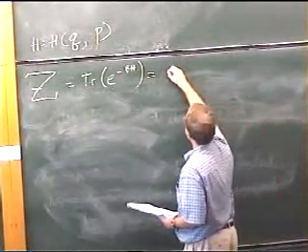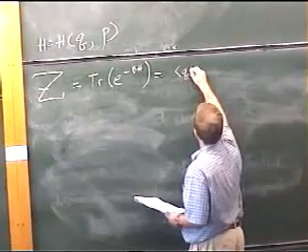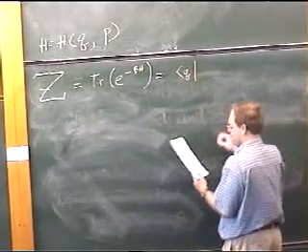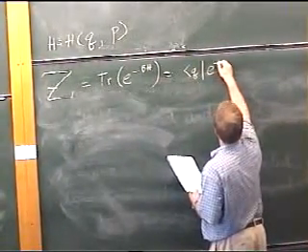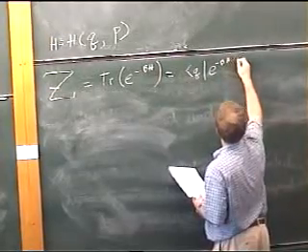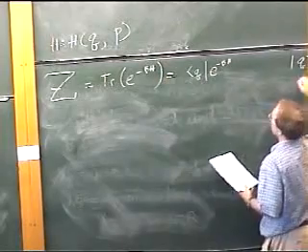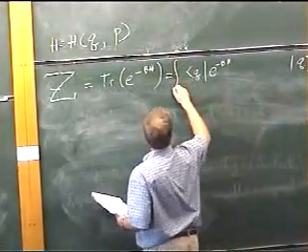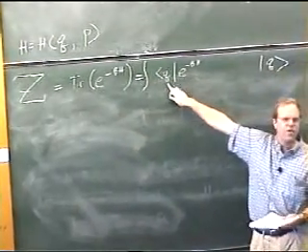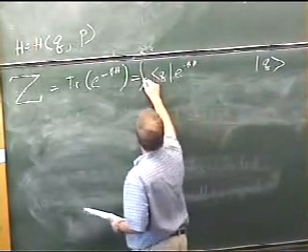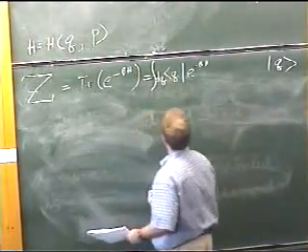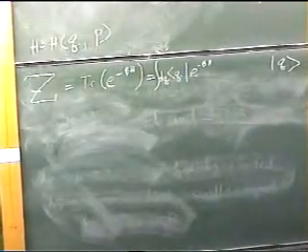Well, I do it by considering matrix elements of this form, say, q e to the minus beta h, and I'll put the other q over here for reasons that will be clear in a moment. So I compute the expectation value in each coordinate eigenstate, and then I integrate over q. And that happily computes for us the trace.